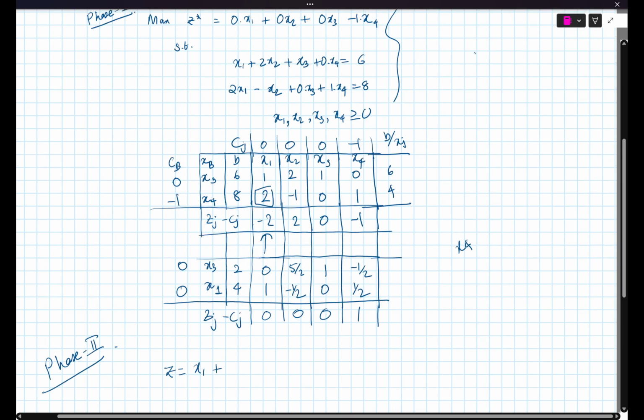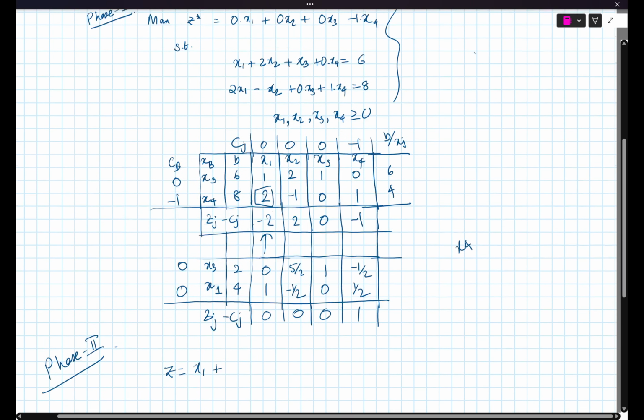Okay, now I have to recompute this. So x3 coefficient is 3, x1 is 1.